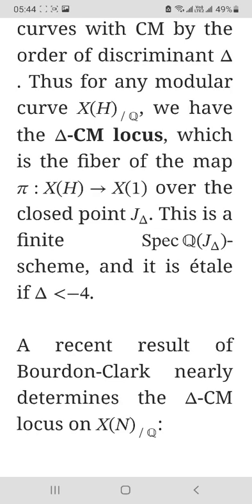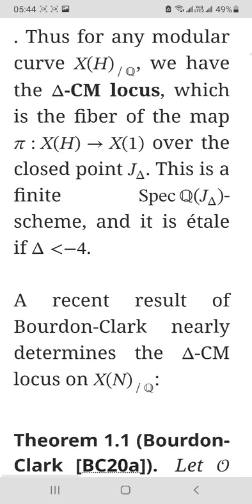Thus, for any modular curve X(H) defined over Q, where H is a subgroup of GL(2), we have the delta CM locus, which is the fiber of the map pi from X(H) to X(1). So pi can be viewed as a restriction map, or we can view it as a projection.